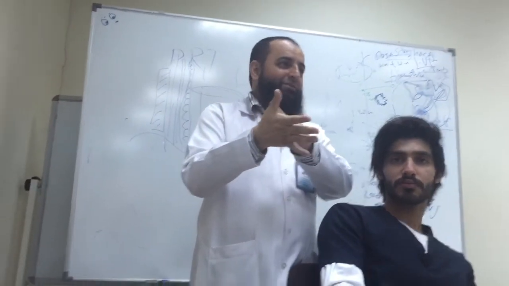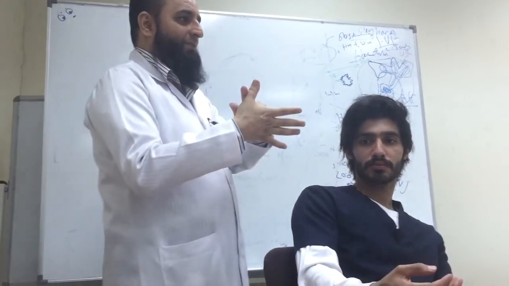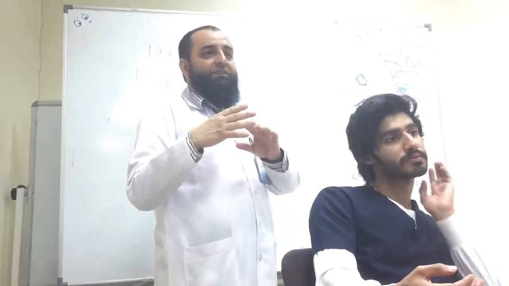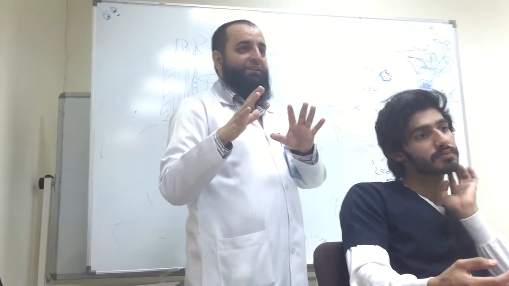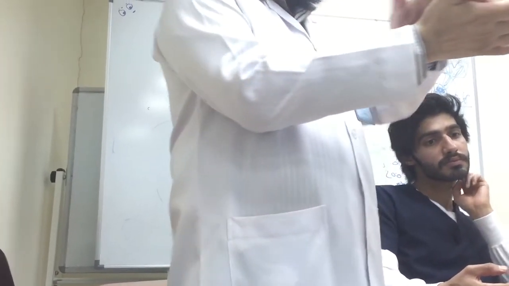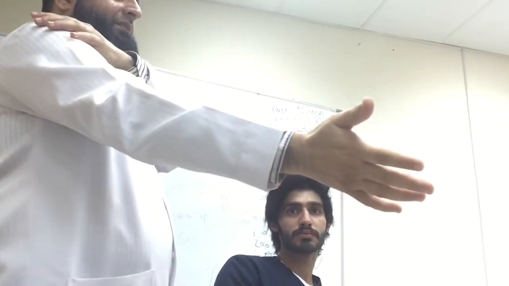In this test also, this is for abductor pollicis, right? This is for neuropathy or radiculopathy, right? If you have weakness here, on this side, this is C6.